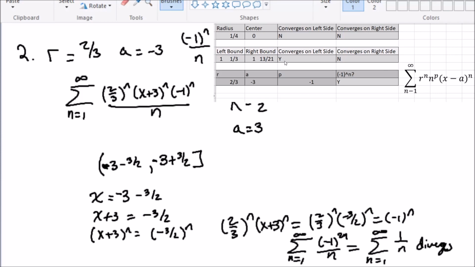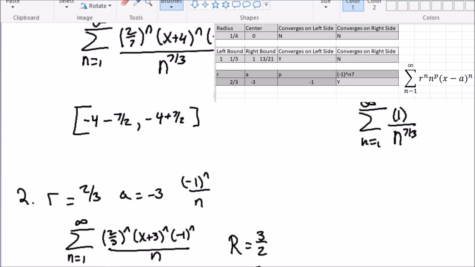If it's split, where it says converges on the left, converges on the right, then I'm looking for something conditionally convergent, because I expect in my power series one side to always alternate. This (-1)^n is going to flip whether it's the left side converging or the right side converging, if they're different.